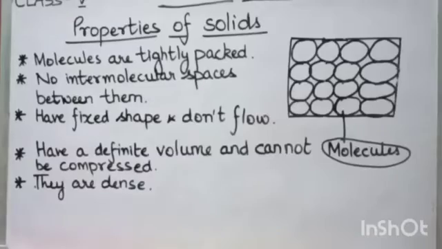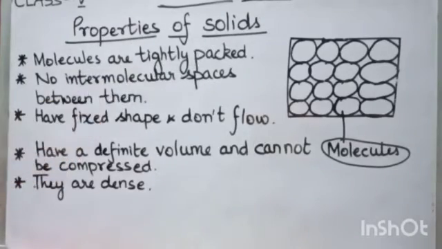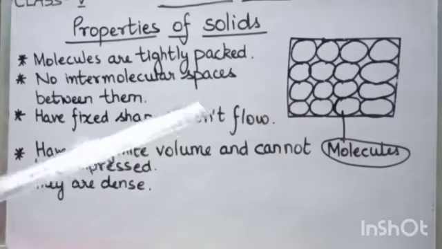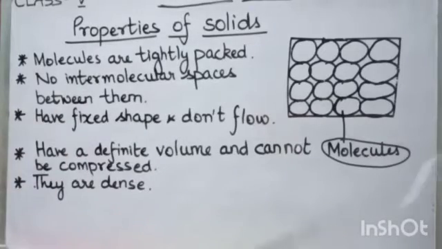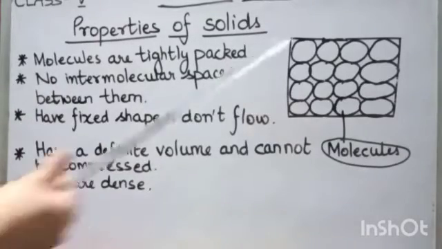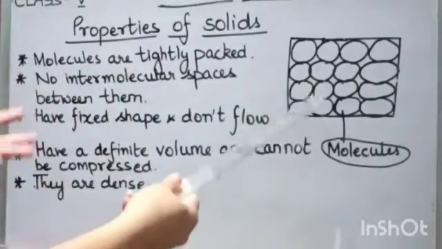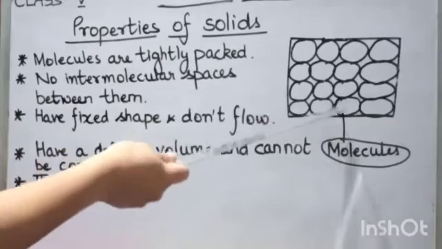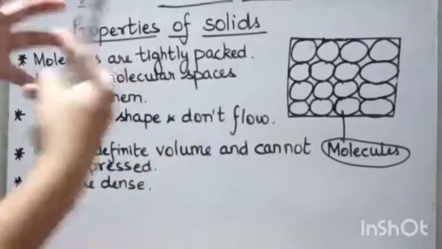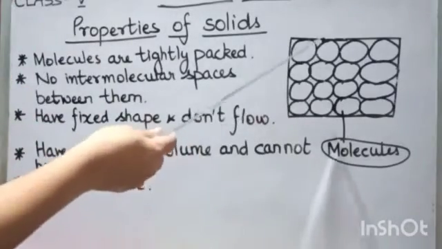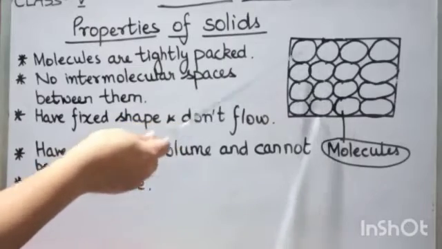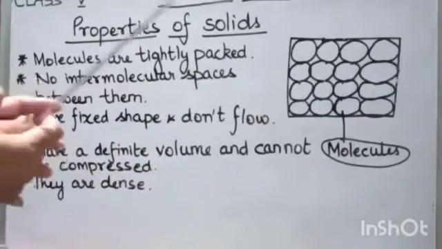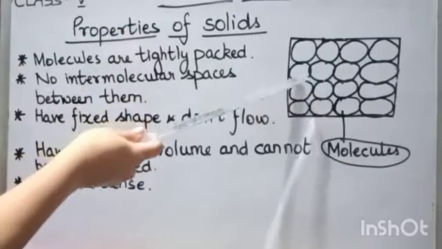Now let's see the properties of solids. First of all, matter is made up of tiny particles called molecules, and the arrangement of these molecules is different in different states of matter. In solids, these molecules are tightly packed, and you can see here there are no intermolecular spaces between them. Intermolecular spaces are the spaces between the molecules.